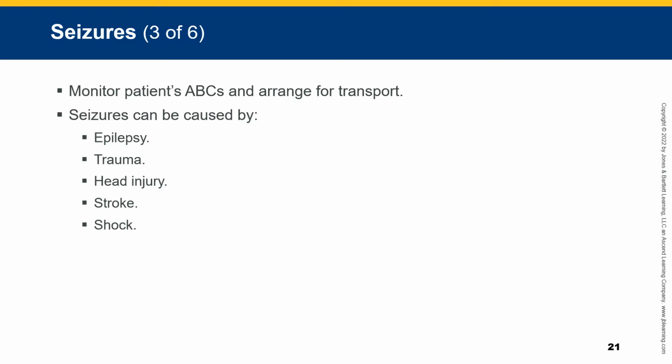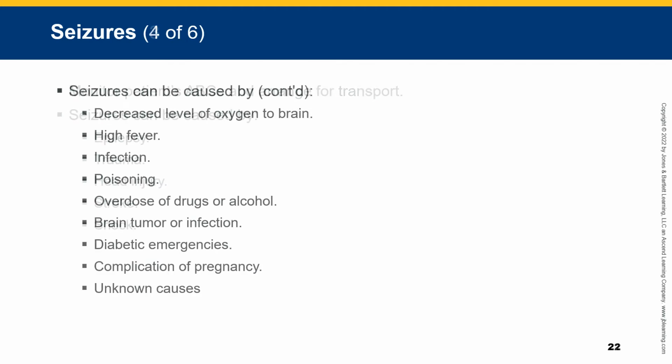Seizures can be caused by many factors, including epilepsy, trauma, head injury, stroke, or shock. During a seizure, there also can be a decreased level of oxygen to the brain, and the seizure itself may be brought on by a decreased level of oxygen to the brain.